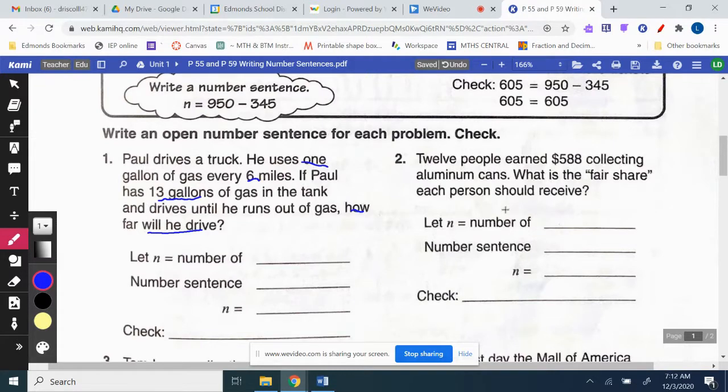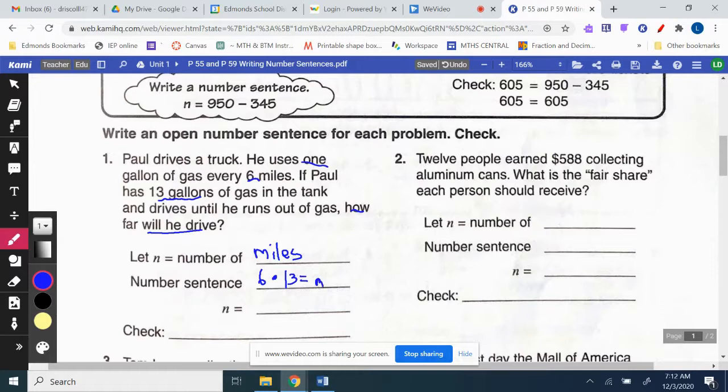So n is the number of miles. Okay, so we know he can drive 6 miles on 13 gallons of gas. So my number sentence is going to be a multiplication problem of 6 times 13 equals n.